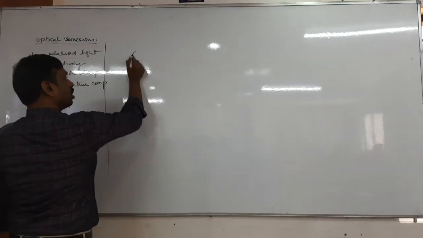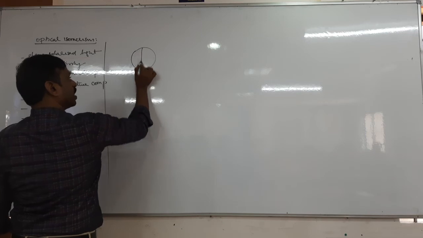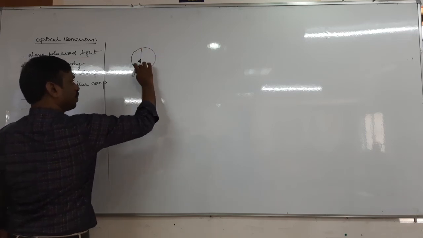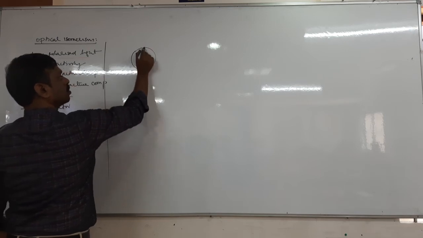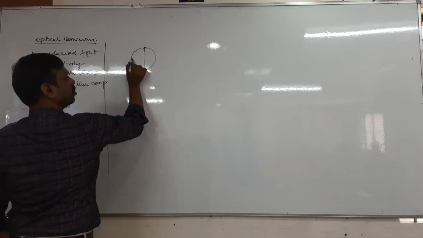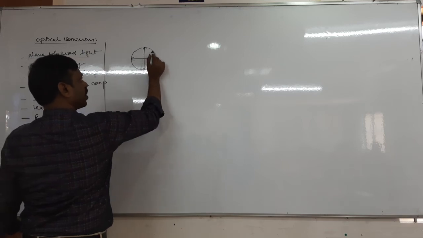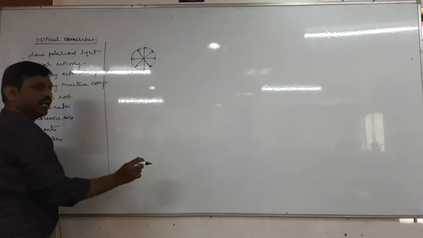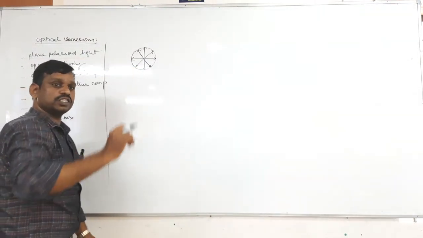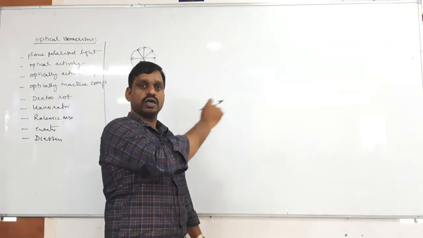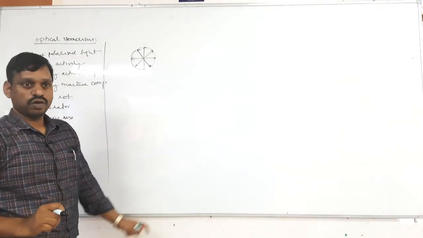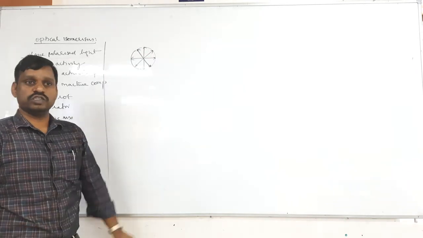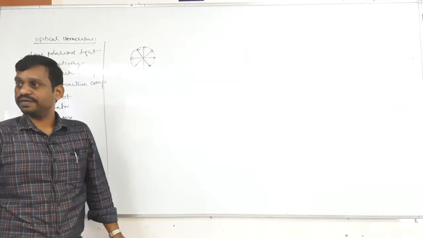Ordinary light oscillates in all possible directions perpendicular to the direction of propagation. This is ordinary light. Ordinary light vibrates in all possible directions perpendicular to the direction of propagation.